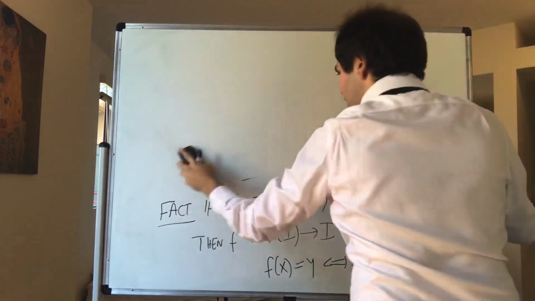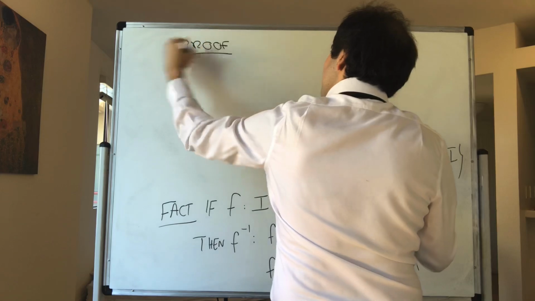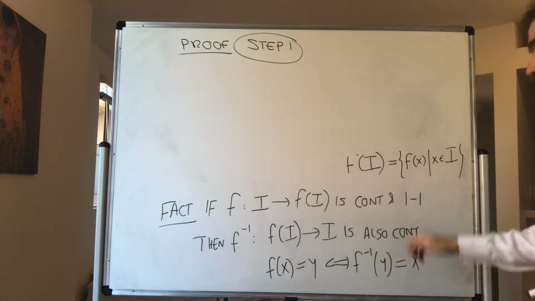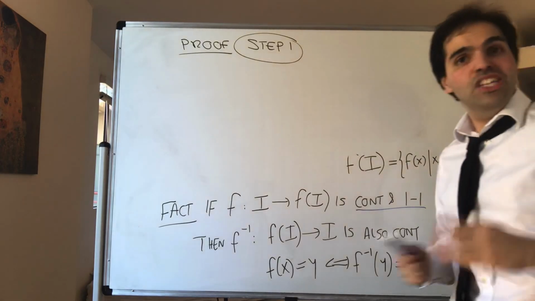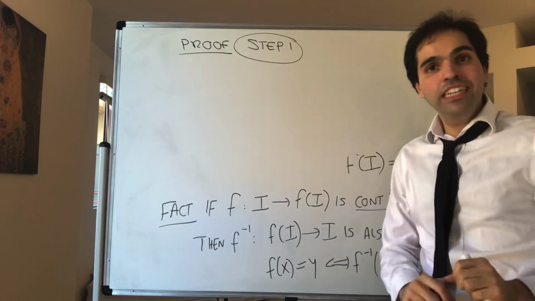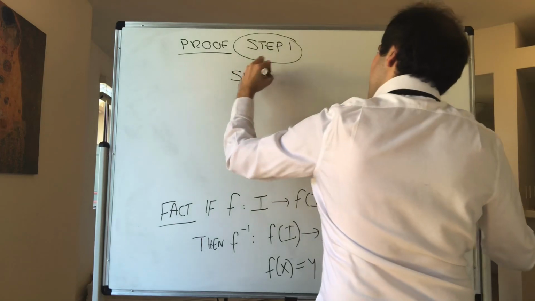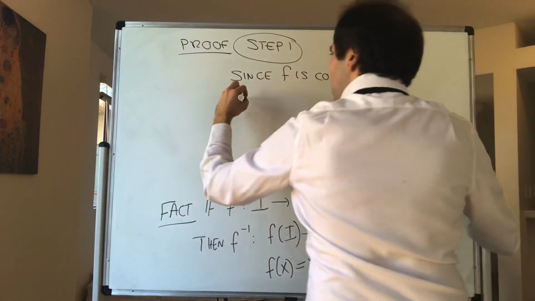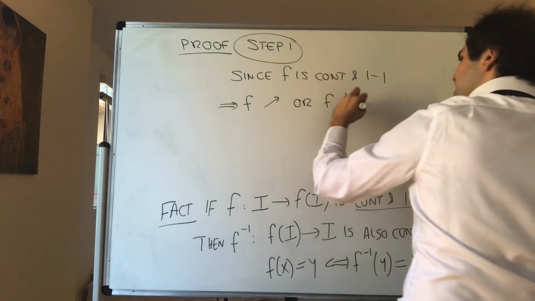So first of all, notice the following. Proof. Step one. Since f is continuous and one-to-one, if you remember the previous video I did, I showed something beautiful, namely f has to be either strictly increasing or strictly decreasing.